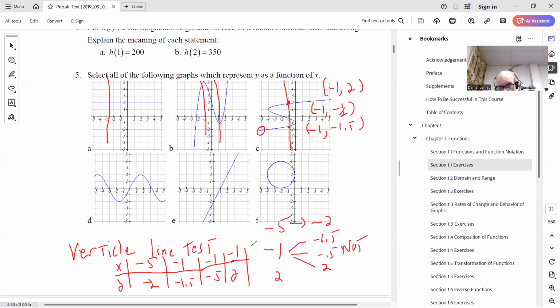And then when x equals 2, y is a little bit better than 2. I didn't call it 2, so that would go to 2.1.